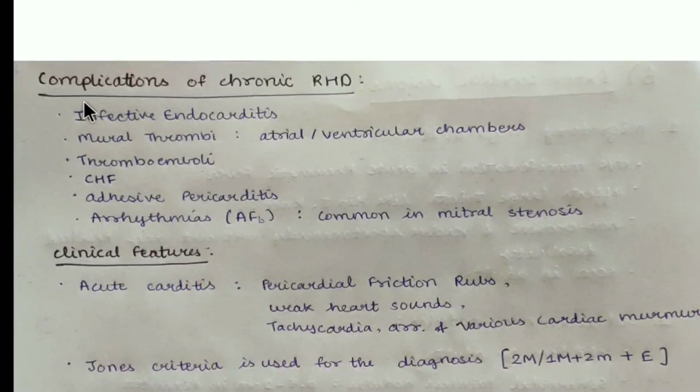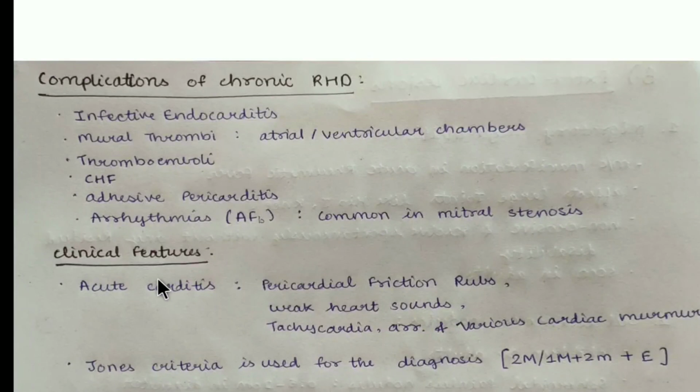Next, complications of chronic rheumatic heart disease. They are infective endocarditis, mural thrombi in atrial or ventricular chambers, thromboemboli, CHF, adhesive pericarditis, arrhythmias, mainly atrial fibrillation. They are common in mitral stenosis.